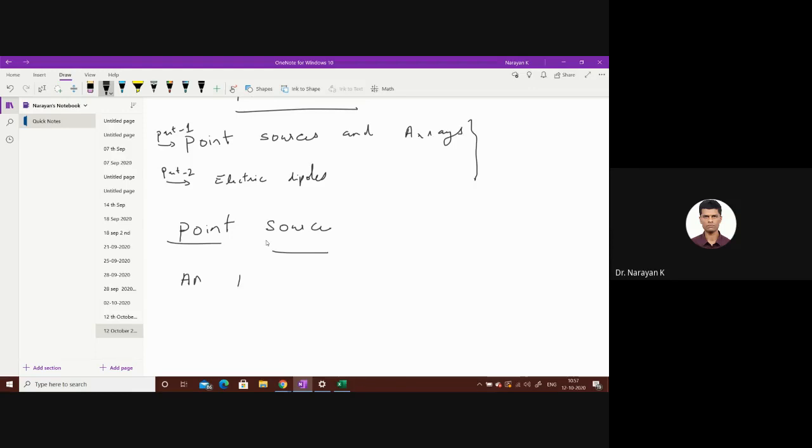An antenna which does not have any specific shape is called a point source.